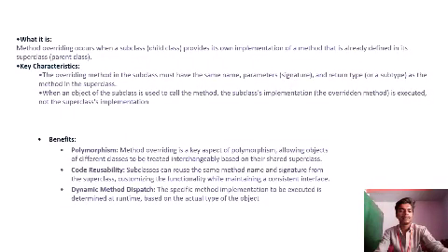What is it? Method overriding occurs when a subclass provides its own implementation of a method that is already defined in its superclass. Key characteristics. The overriding method in the subclass must have the same name, parameters, and return type as the method in the superclass.